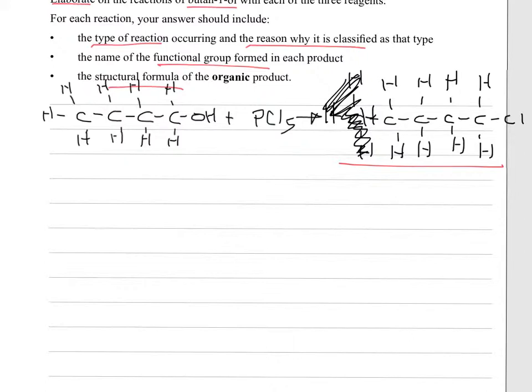Have I named the functional group? No, I haven't. So let's write it underneath. It's a haloalkane. I could have written the chloro functional group, but that's fine. Type of reaction. Let's write this one just above here, and obviously this is a substitution.